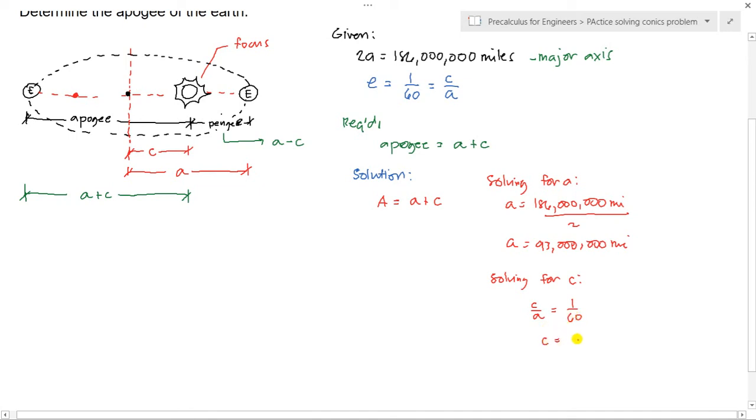Solving for C, we have C is equal to A over 60.